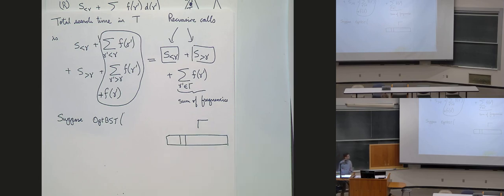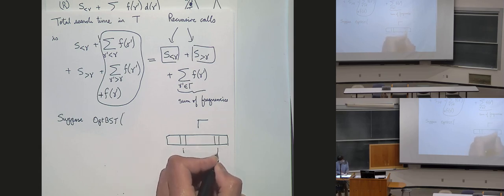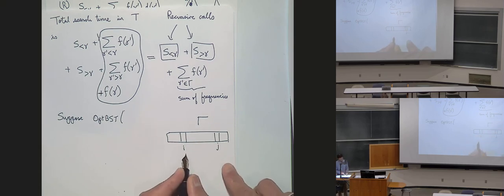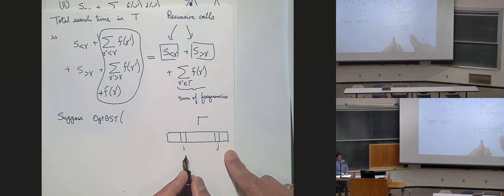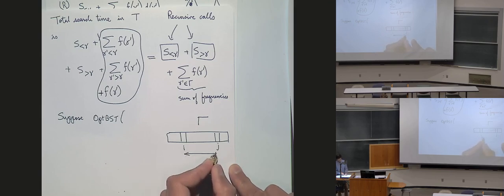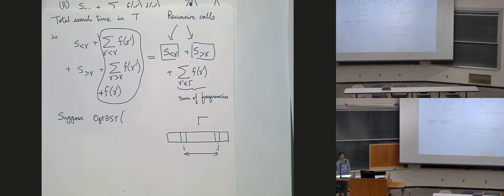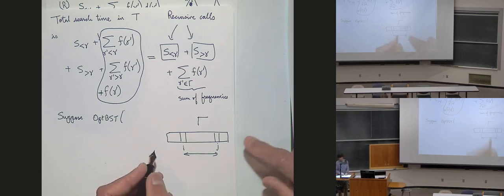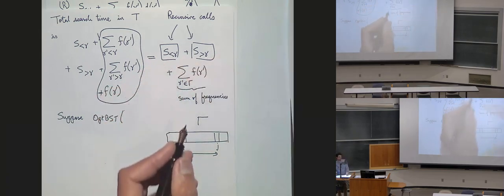Now, just because maybe Greek symbols are throwing you off, I'm going to move to English. I'm just going to use i and j to index the symbols. It's like you're looking at the ith character in this list and the jth character in this list. And you're looking at this portion in between them. And you're saying, let me look at the total search cost for just this part. What is the optimal search cost going to be? Does this make sense? Because if you notice, you're basically looking at intervals of characters.